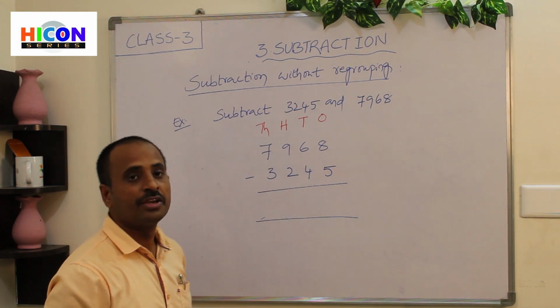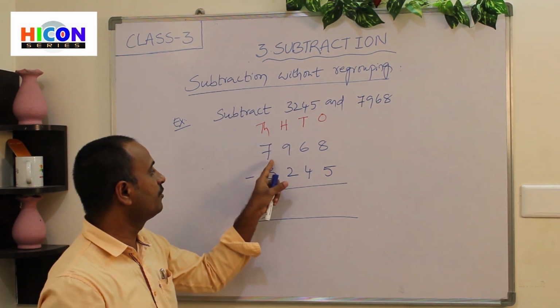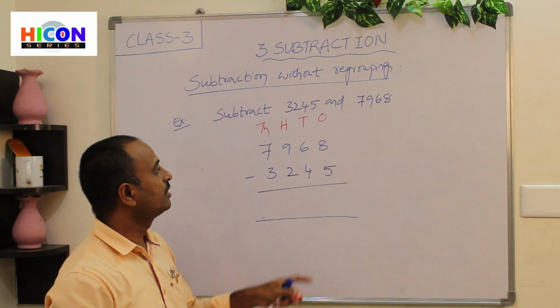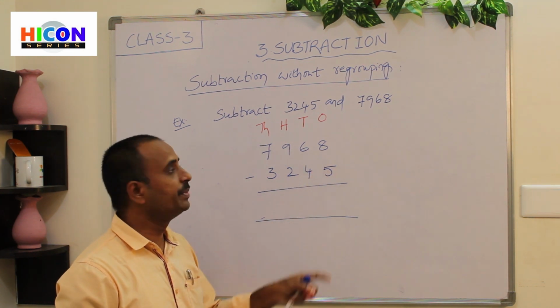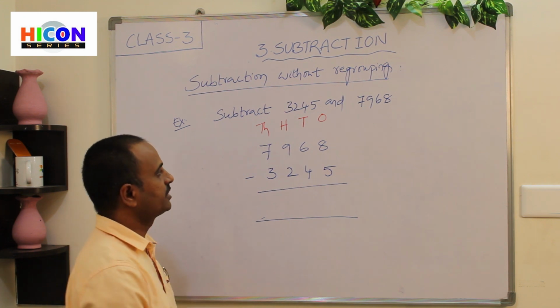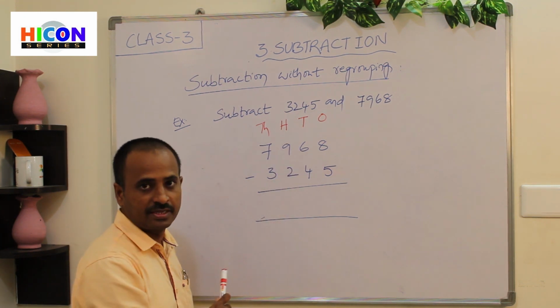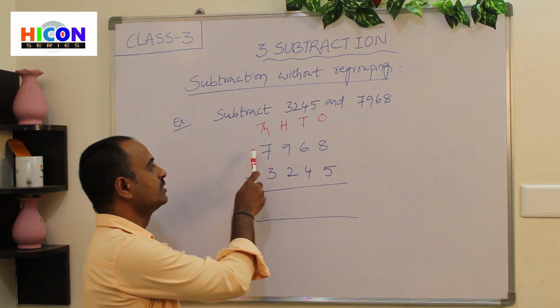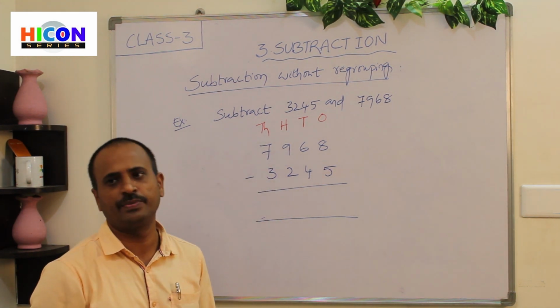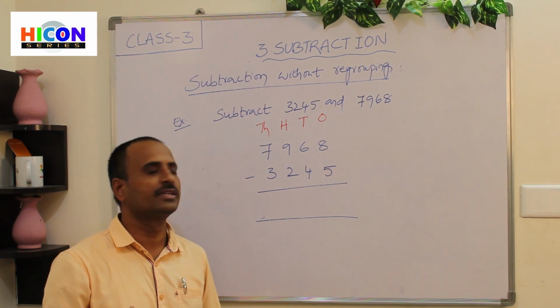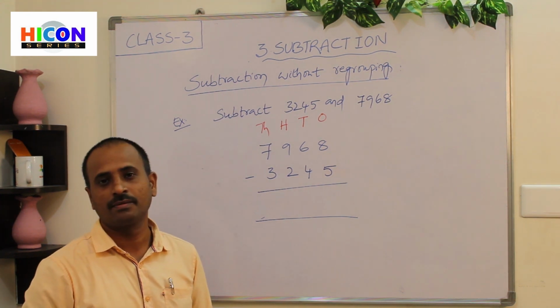The ones digits should be written under ones place, the tens digits under tens place, the hundreds digits under hundreds place and the thousands digits under thousands place. In this way, first we arrange the numbers at their corresponding places.